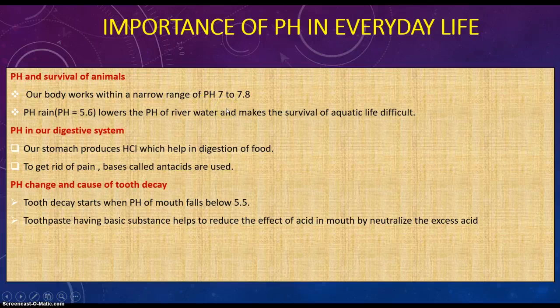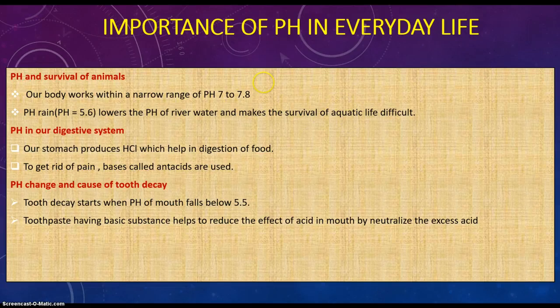And if the pH of the river water falls, then the species present in that aquatic world, like fishes, would have difficulty surviving at that lower acidic pH, right? They cannot survive.